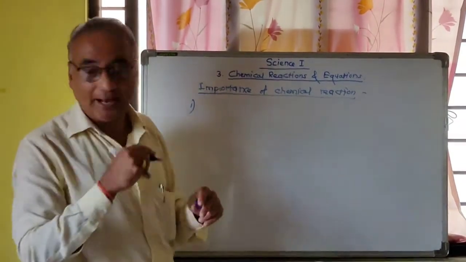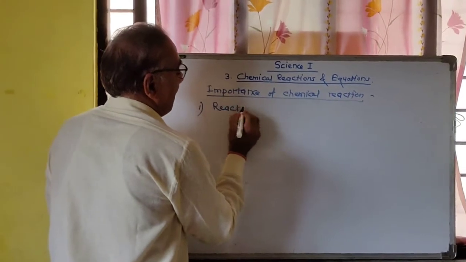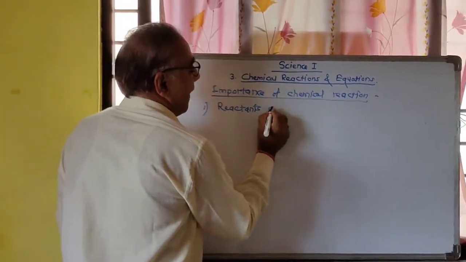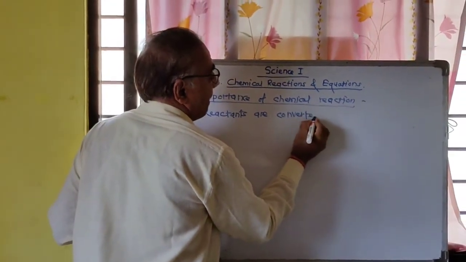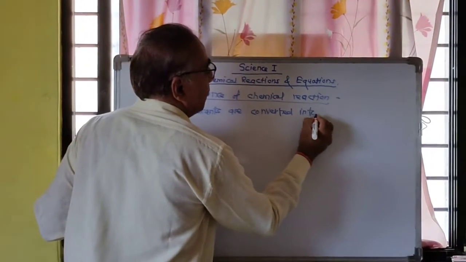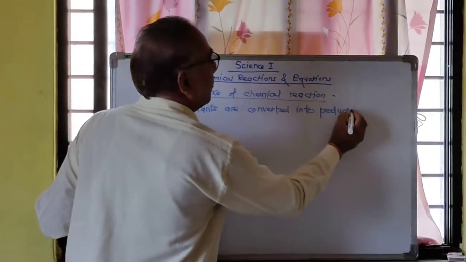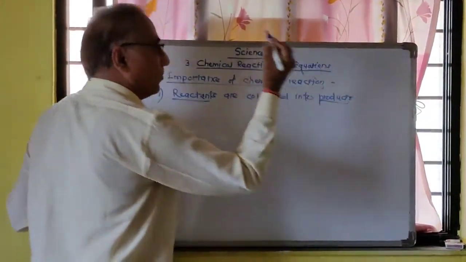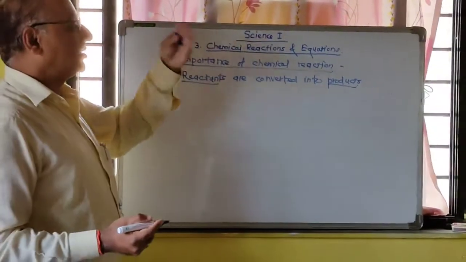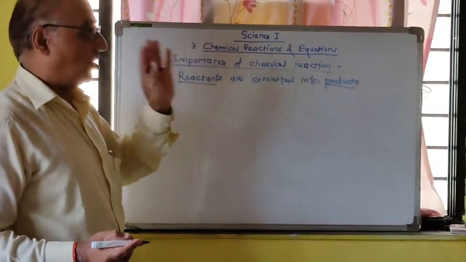Now see the first point. Reactants are converted into product. A number of students get jumbled. What is meant by reactants? What is meant by product? Once again turn towards the example that we learned about carbon and oxygen.